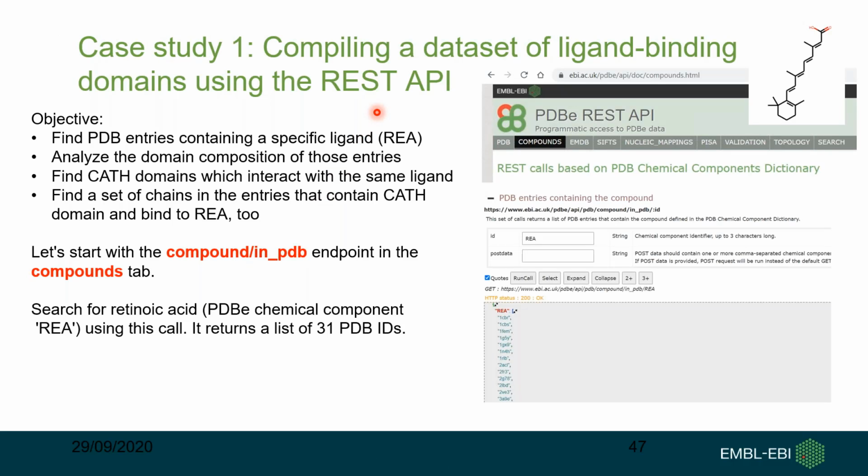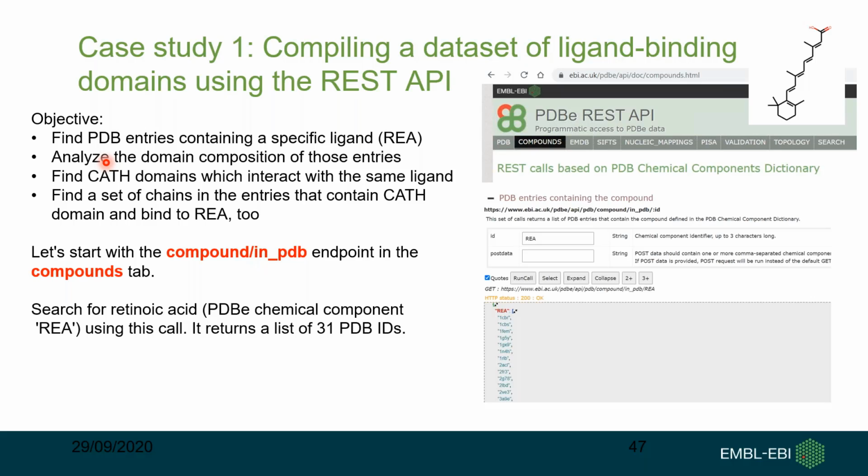Let's take a look at case study number 1. We have 4 objectives in this case study. The first is to find PDB entries containing a specific ligand, and we have chosen REA, or retinoic acid, for this. Once we have those PDB entries, we will try to analyze the domain composition using a different endpoint, which is the SIFTS endpoint.